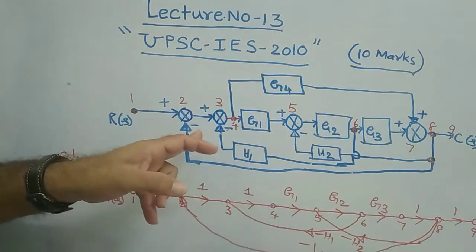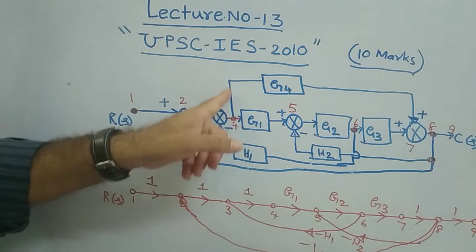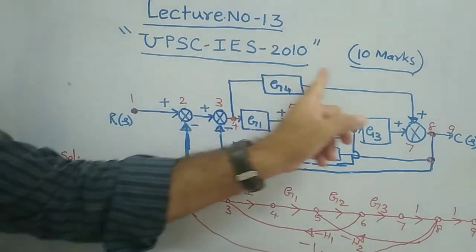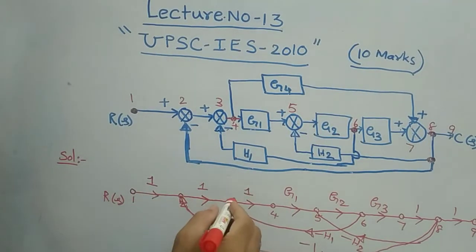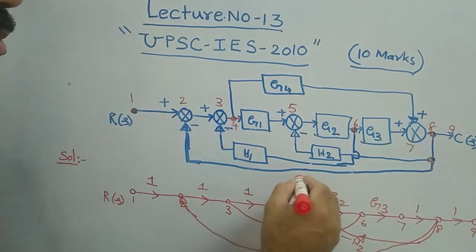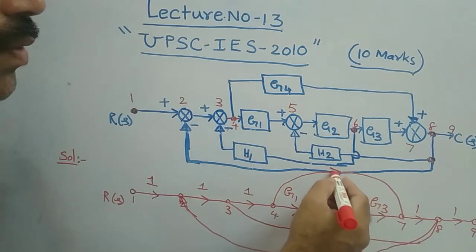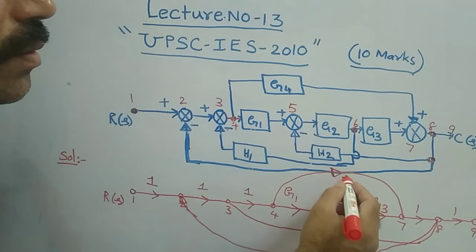These loops I have finished. Then what else is there? From point 4 to point 7, there is a G4 going in the forward direction. We can draw from 4, this is 4, 4 to 7, going in the forward direction.